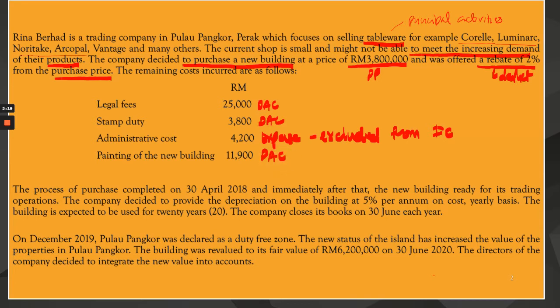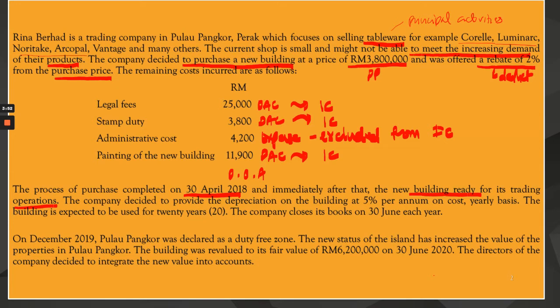Whatever is directly attributable cost is what you will include in your initial cost. The purchase was completed on 30th of April, and immediately after that the new building was ready for its trading operation. So this is the date of acquisition, because this is the date that the building has been prepared for its intended working condition.